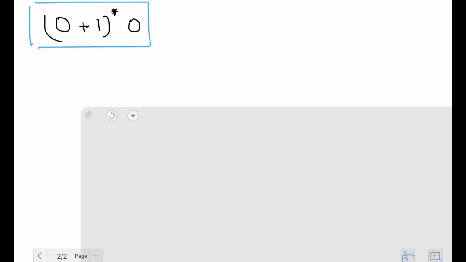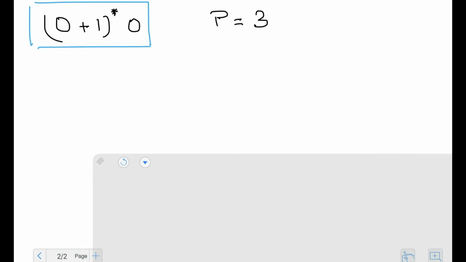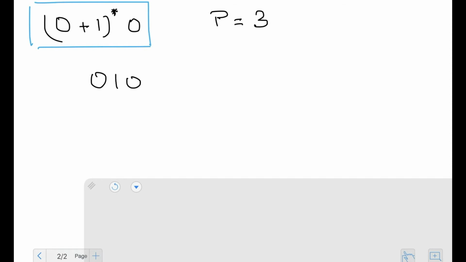Now what the pumping lemma says is I'll have a pumping length. So let P be my pumping length, which is, let's say, 3. So I can take any string which is greater than or equal to 3 in length, so any string which has at least 3 symbols or more. Let's take an example, let's say, 010010.